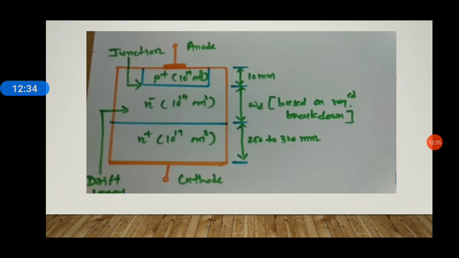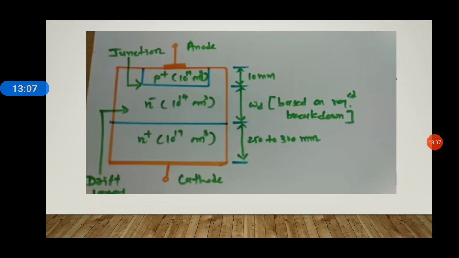And if we control the cross-section area of the drift layer, then we can handle the current that we desire. The current can be increased by increasing the cross-section of the drift layer, and the breakdown voltage can be increased with an increase in the width of the drift layer. So the drift layer is the controlling parameter.